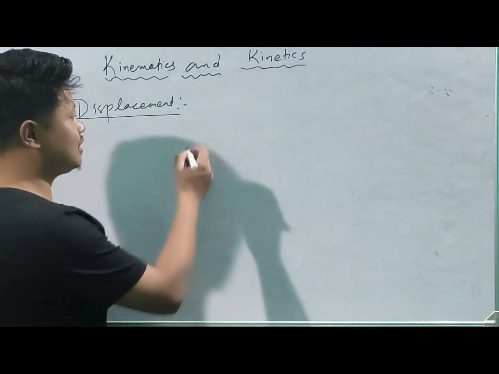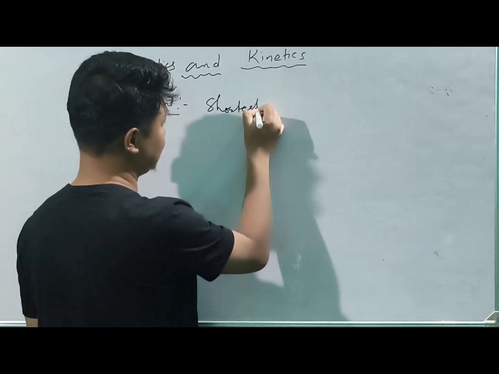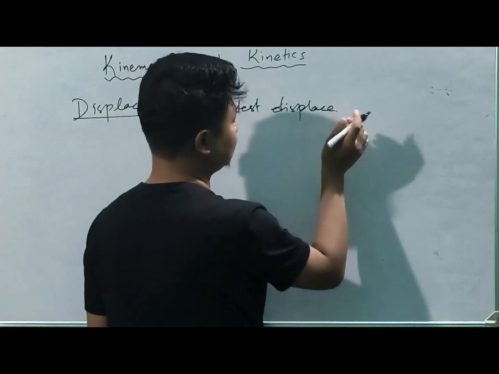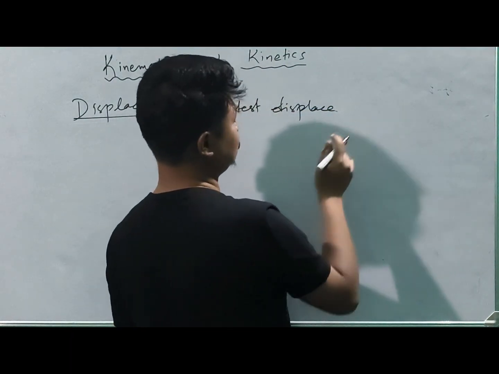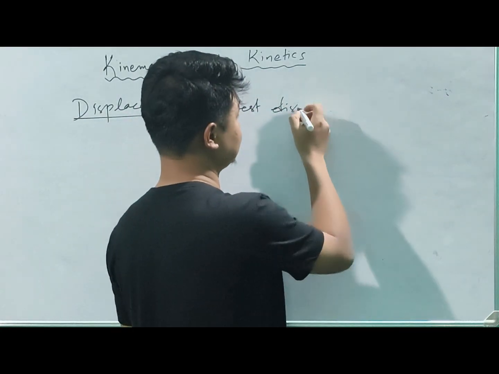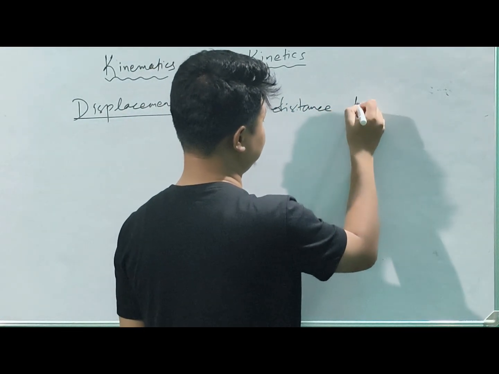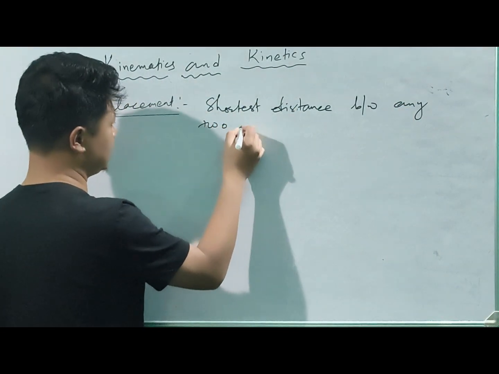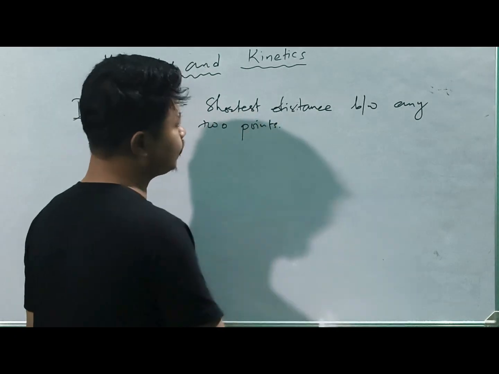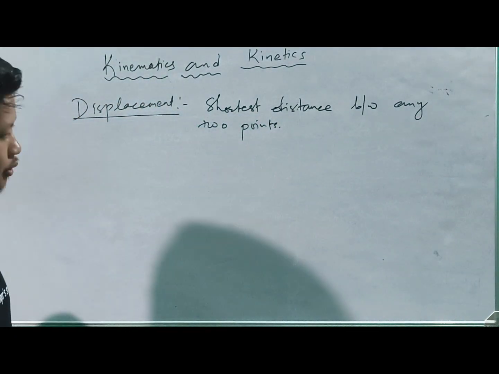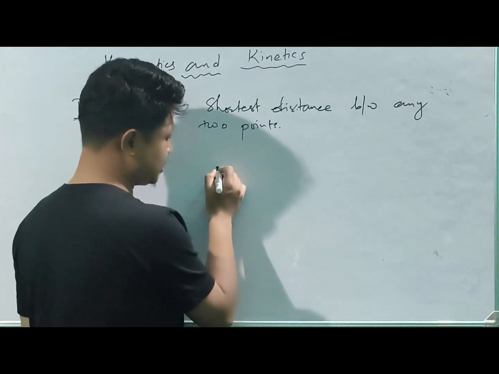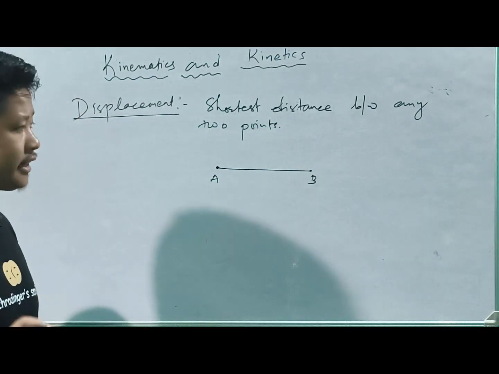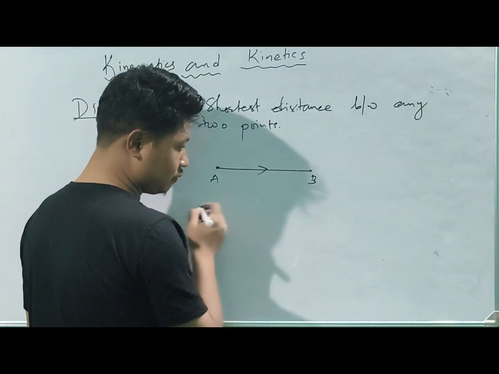Displacement means the shortest distance between any two points. If one object is here and another one is here, it can follow any path.